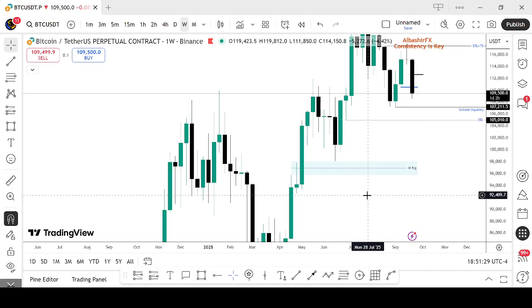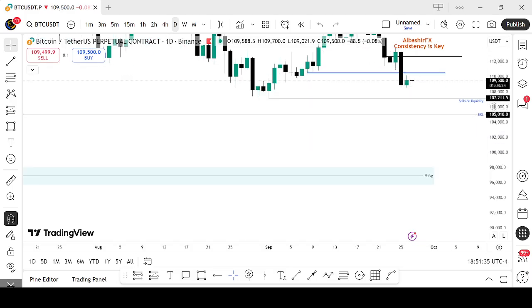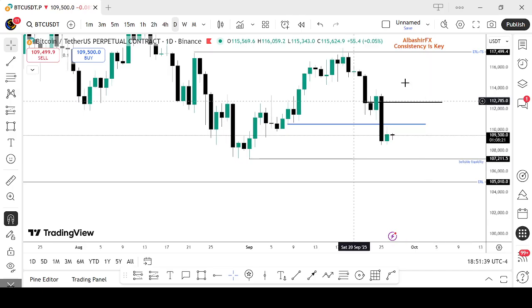At the end of the month, I am also going to give us our monthly perspective, which is going to be on Tuesday. Now, this is where it gets more interesting. On a daily time frame, we see that price has already reacted off of this fair value gap, created a swing high that broke below, and turned this into a bearish order block.